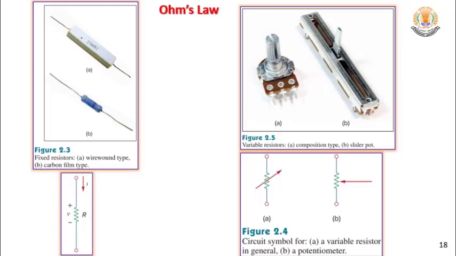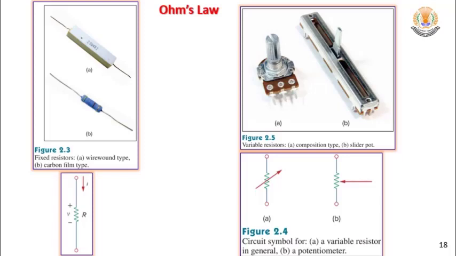On the right-hand side, you will find variable resistors. This means you can change the value. You know the volume of your radio, okay? So you can scroll, you can change the resistance, it changes the volume. So you can have composition type or slider type, okay? And it can be like this one, variable.